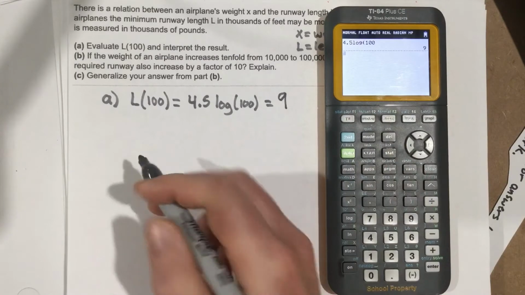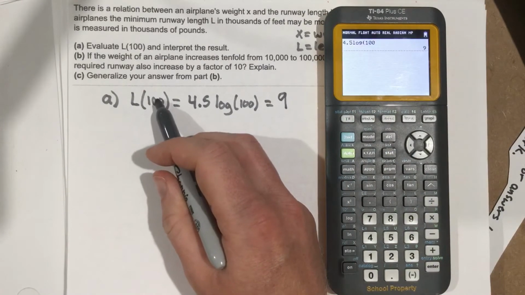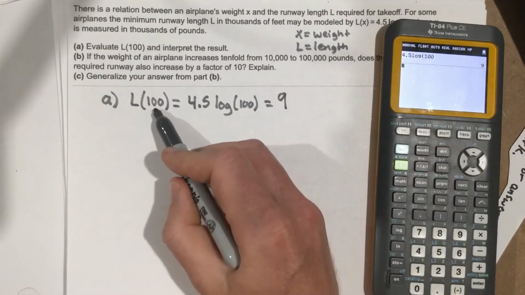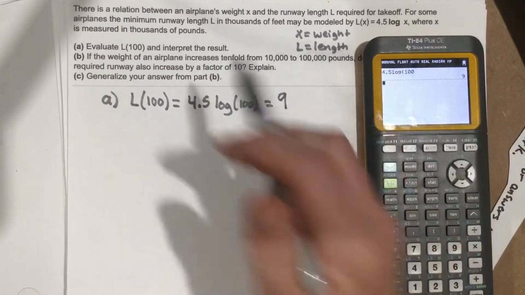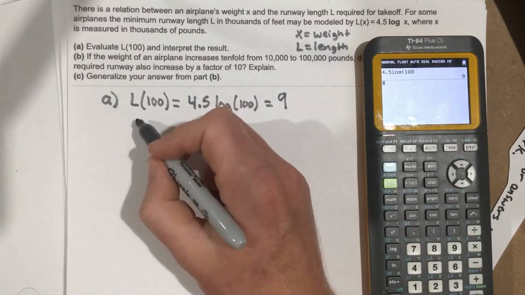So what does that mean? That means with a plane weight, so x is the weight, and the weight is in, what do they tell you? Where x is measured in thousands of pounds. Okay.